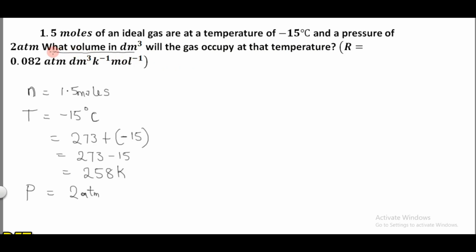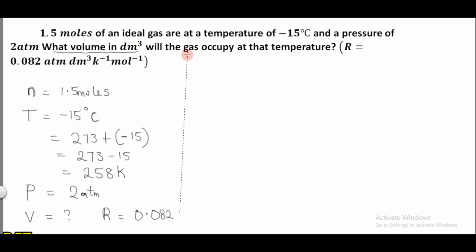So we are looking for the volume, in dm³. Given that R, the universal gas constant, is equal to 0.082 atm dm³ per Kelvin per mole. So our universal gas constant R is 0.082. It was given in the question.